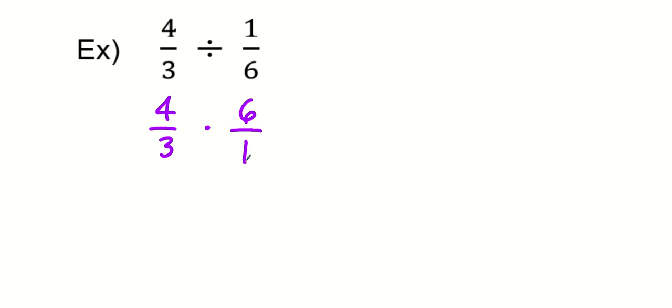So 4 times 6 is 24. 3 times 1 is 3. And then does 24 over 3 reduce? Heck, not only does it reduce, remember, fractions are literally division problems. 24 over 3 is literally 24 divided by 3.